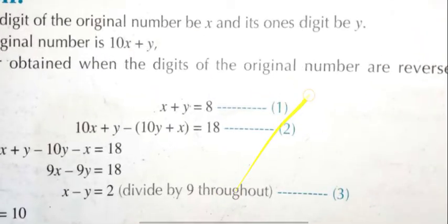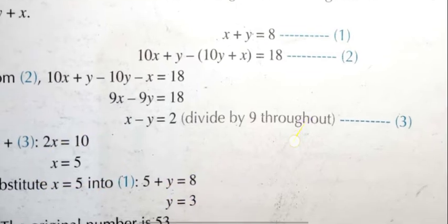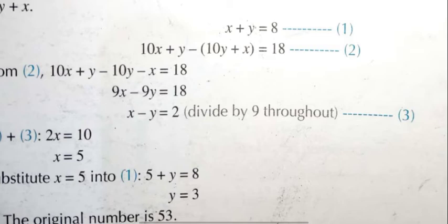So the original number was 53. How do you know? Because you got x is 5 and y is 3. So the original number will be this, 10x plus y. So 5 times 10, 50, plus y, which is 3, 53.